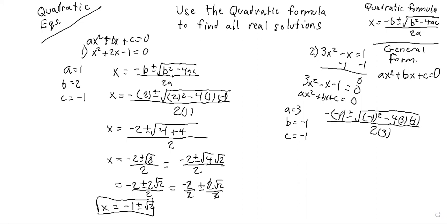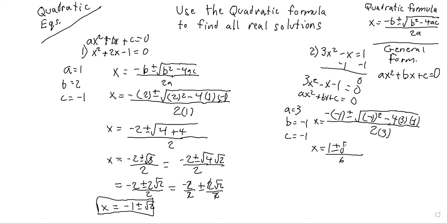Now we can go ahead and simplify. Same way we did before, we have a minus sign outside of a bracket, so that's going to be a minus 1 times a minus 1. When you multiply the same signs, you end up with a positive. So we get x equals 1 plus or minus. In the bottom, we have 2 times 3, which gives us 6.